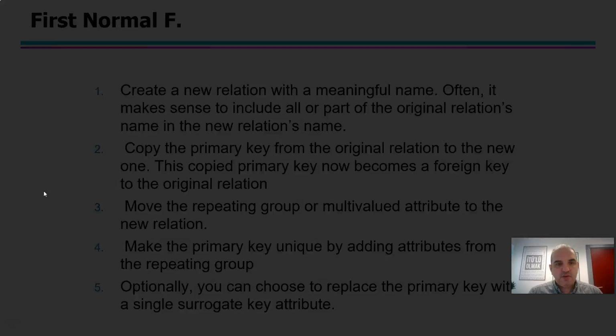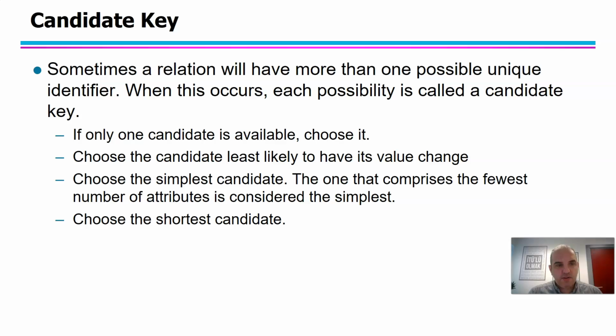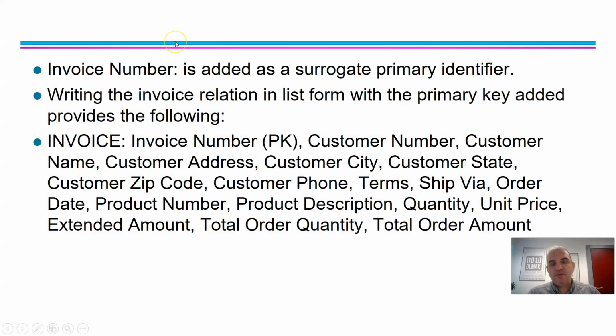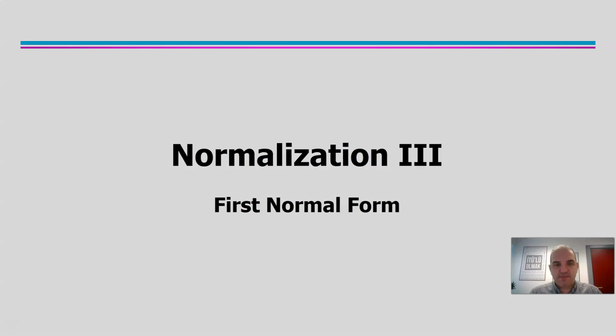Remember our relation was like the one you see here, and the multi-valued cells were, let's show it, the order date, product number, product description, quantity, unit price, extended amount, total order quantity, and total amount, order amount. These were the repeating or multi-valued cells.